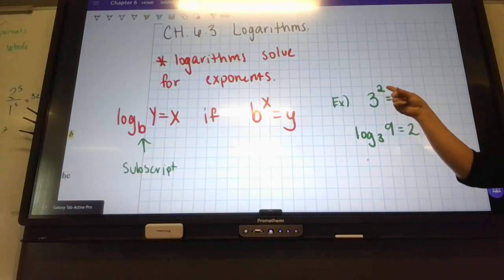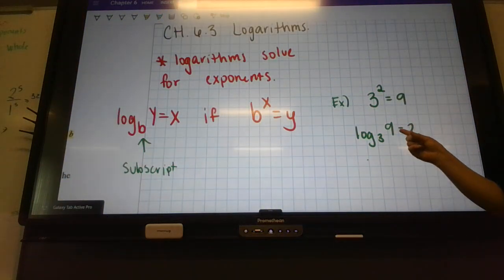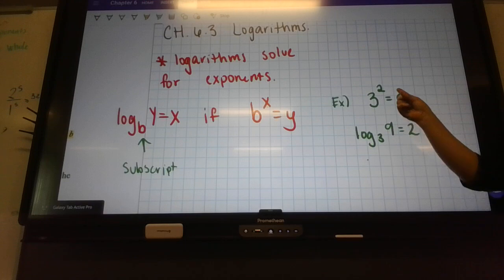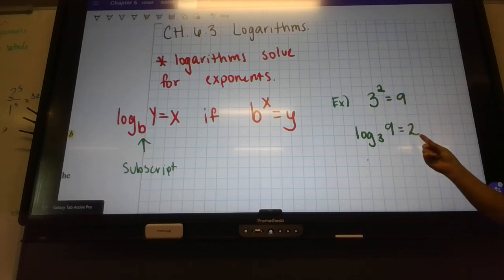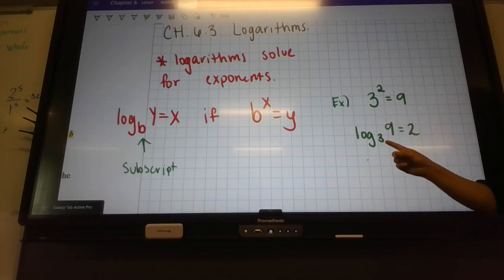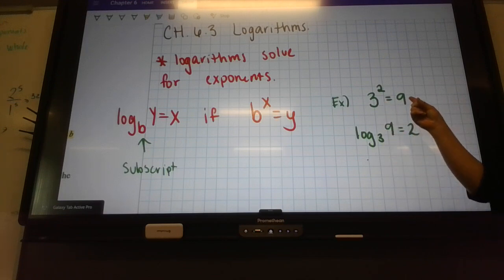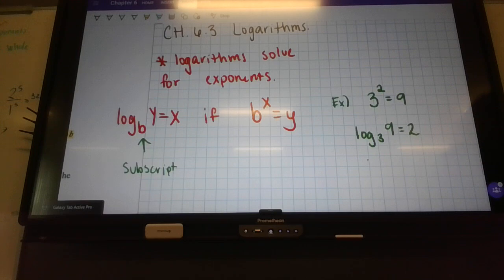The exponent that's here is the answer here. Logarithms solve for exponents, so the exponent is the answer. The base is a subscript. And then the big number goes there. It's not always a big number, but it's called an argument. You see it.